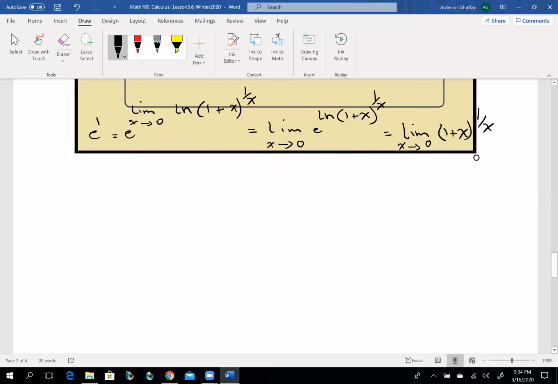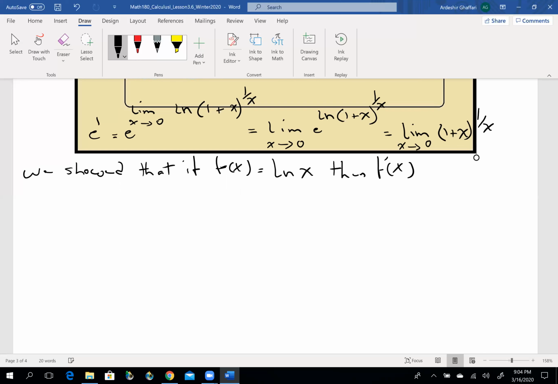Okay, guys, we showed that if f of x is equal to natural log of x, then f prime of x is equal to 1 over x.